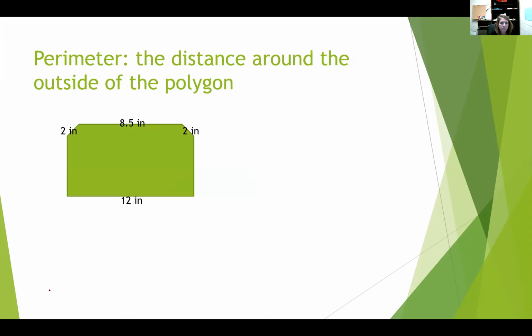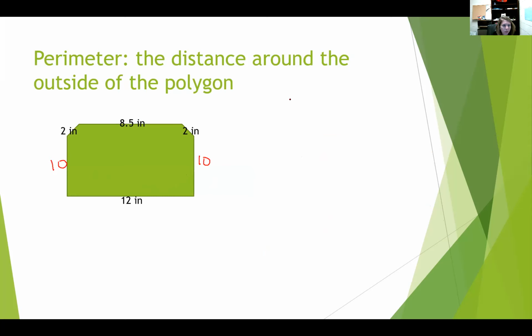All right. The perimeter is going to be the distance around the outside of the polygon, okay? So you have to have all the lengths of the polygon to be able to add up all of the perimeters. And on this question, for some reason, I'm missing a length, so I'm going to put a 10 here.